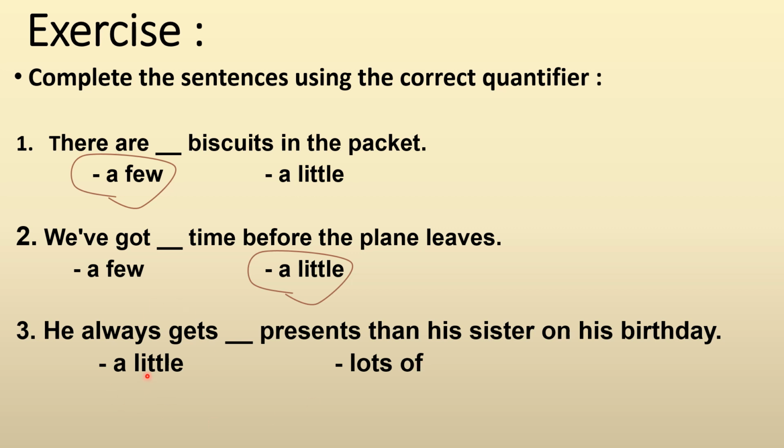A little is for uncountable. So we use, excellent, lots of. إذا كان في عنا a little or a few, we choose what? Excellent, a few. We said that lots of is used with countable and uncountable nouns, لكن a little is used with, excellent, only uncountable nouns.